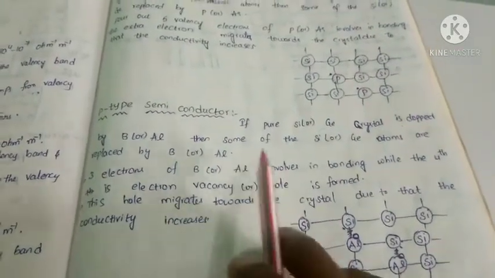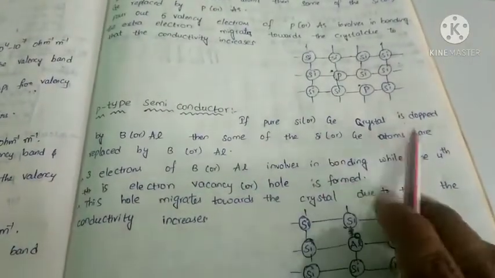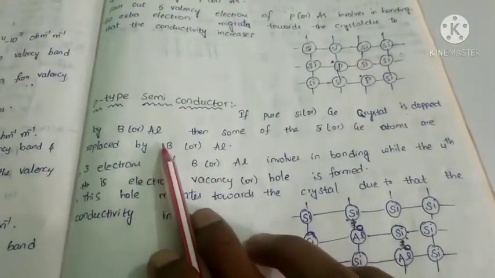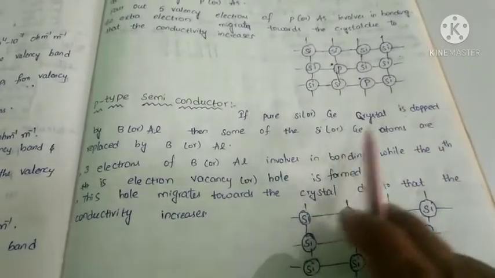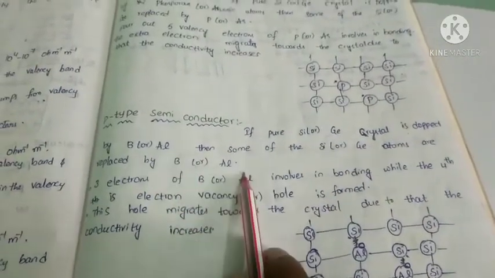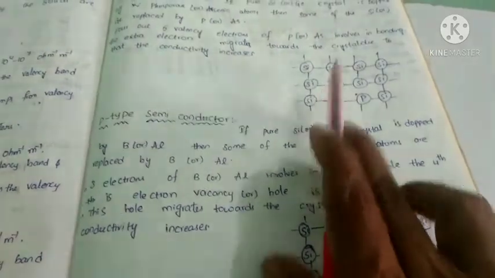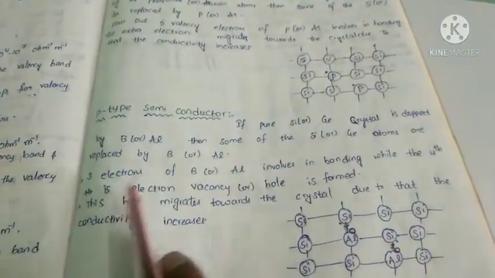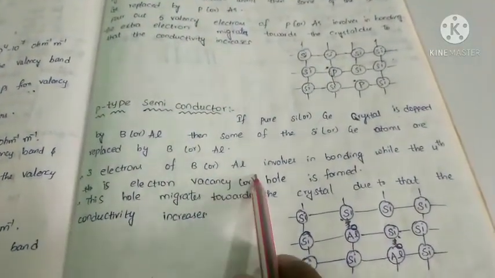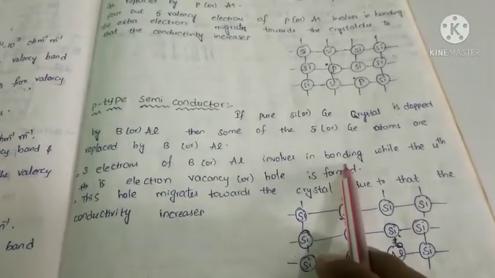Here what happened? See, if pure silicon or germanium crystal is doped by boron or aluminum, then some of the silicon or germanium atoms are replaced by boron or aluminum, like this. See, 3 electrons of boron or aluminum are involved in bonding, correct?